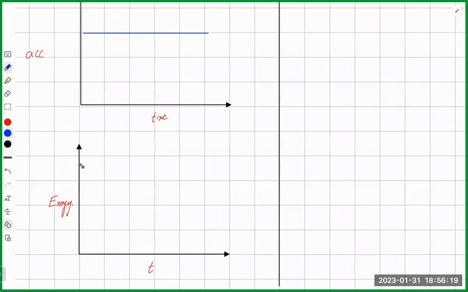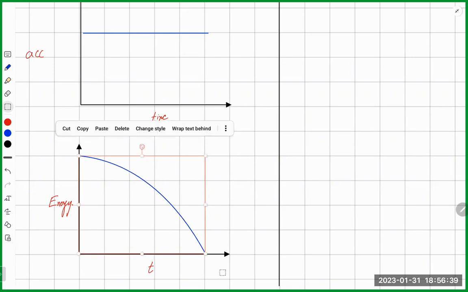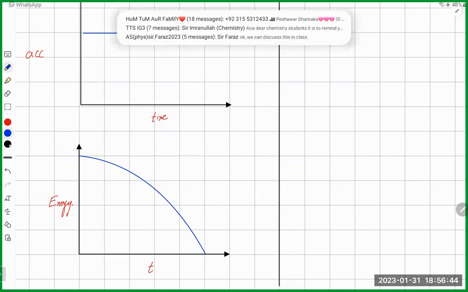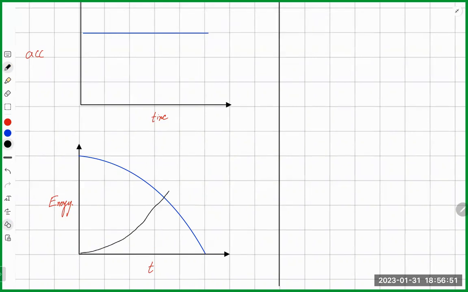Okay. Potential energy decreases like this. This is what is happening to the gravitational potential energy. And this is what is happening to kinetic energy.